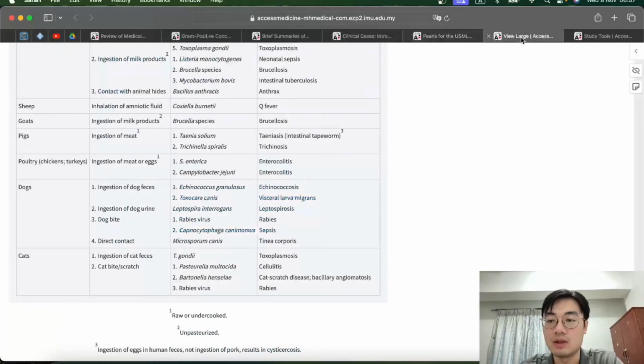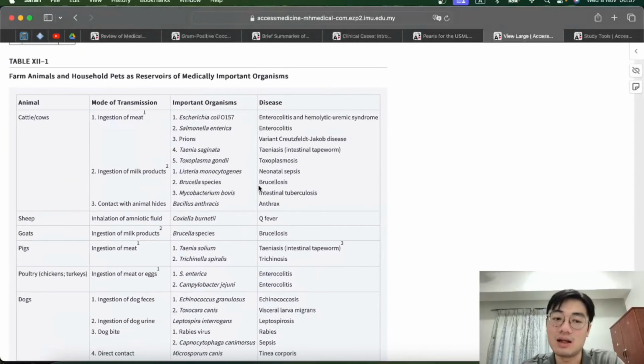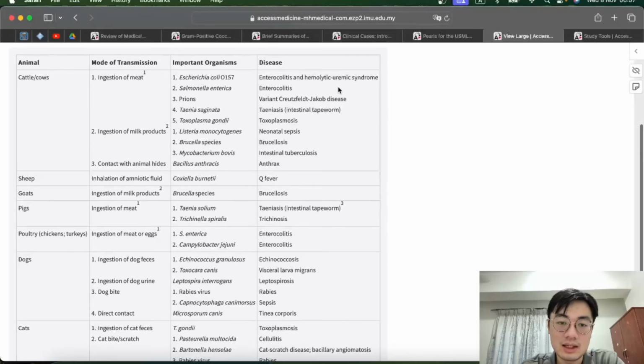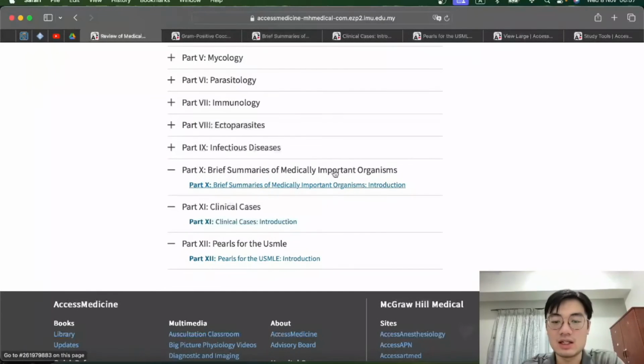So when you click on this table, it will bring you to this, and it will just have a summary of all the microorganisms that are in household animals or pets and farm animals, and what are the diseases that can be caused by these microorganisms. So that's why I say all three of these last few sections are for revision purposes, because they are really concise and good for fast revision, or just to test your knowledge.